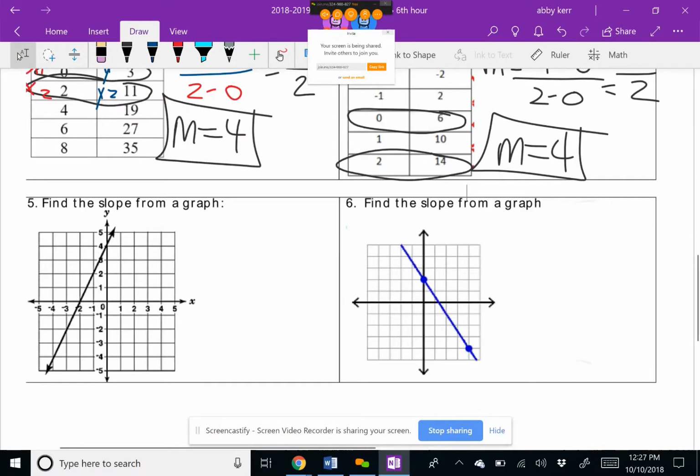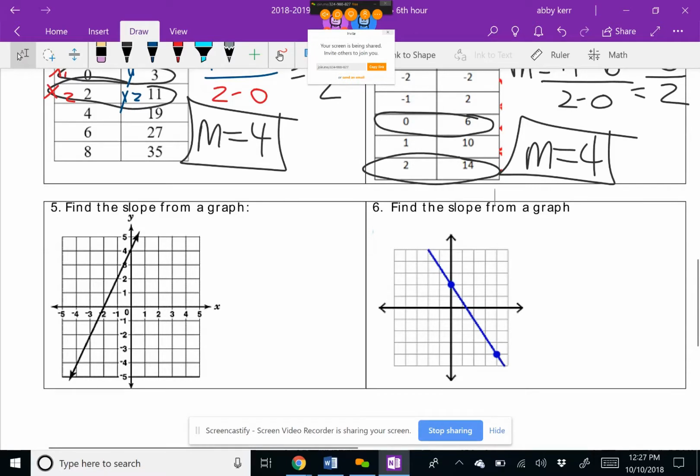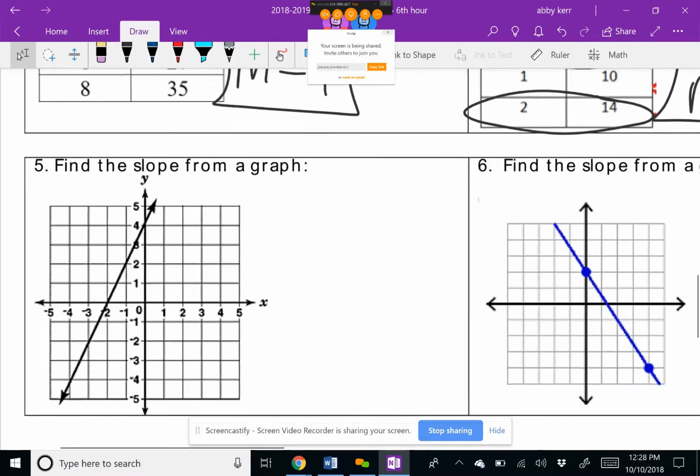Now, for 5 and 6, some of your middle school teachers like you to do rise over run, which is personally a great way to check your answer, but you have to be sure that you're counting by ones, because if not, rise over run doesn't really work. So the first thing you want to do, and I'll zoom in.